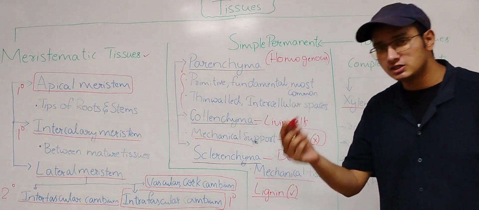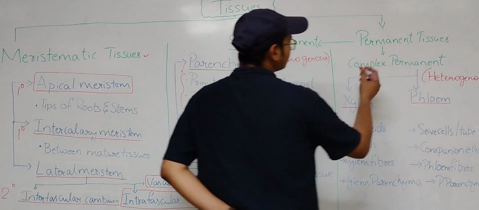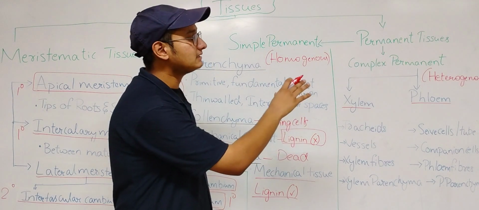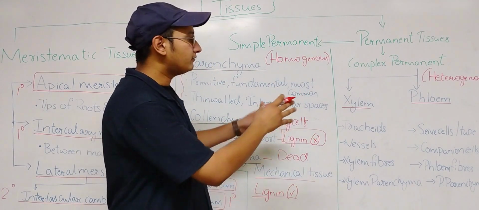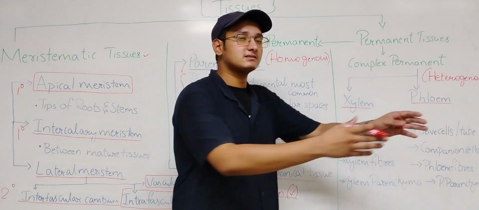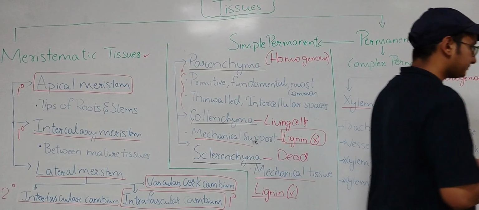And coming to the third part, complex permanent tissue. As I have told you earlier, these are heterogeneous in nature, because if we take xylem, there are 4 different kinds of elements in it. If we take phloem, it has another 4 kinds of elements in it.